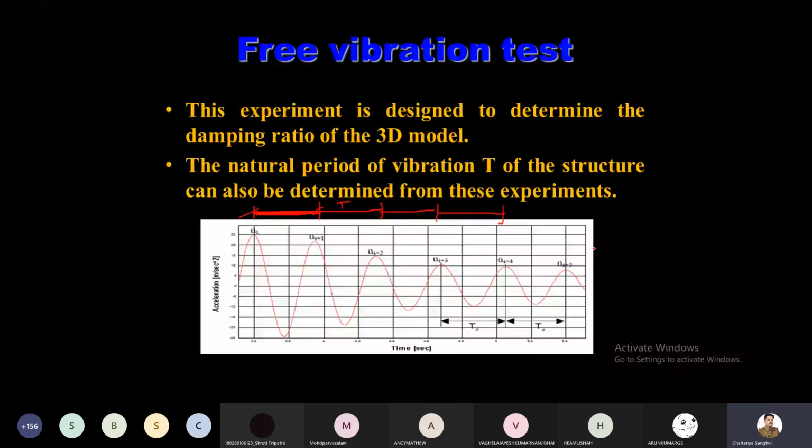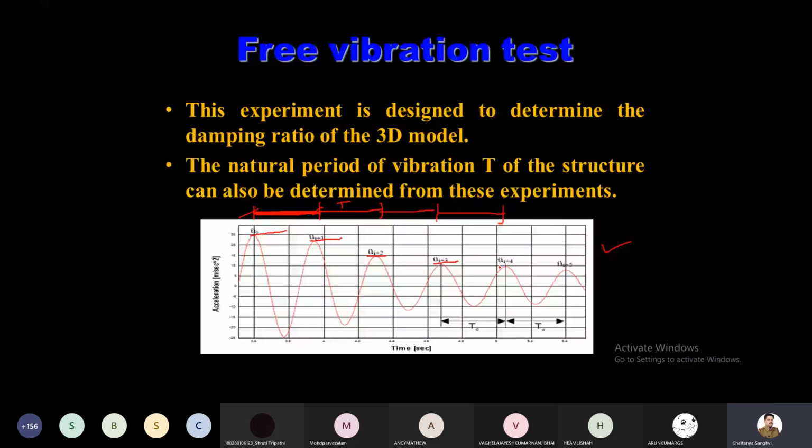Displacement cycle by cycle is reducing because it is a free vibration. So this is the acceleration. Here is the maximum acceleration, because you are performing a free vibration test, meaning the maximum disturbance is initially, so you get the maximum response initially, and then the response keeps on reducing from cycle to cycle.